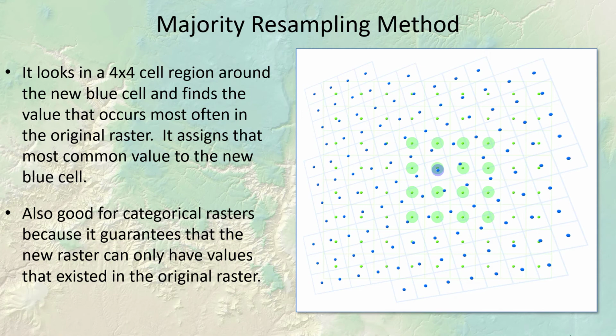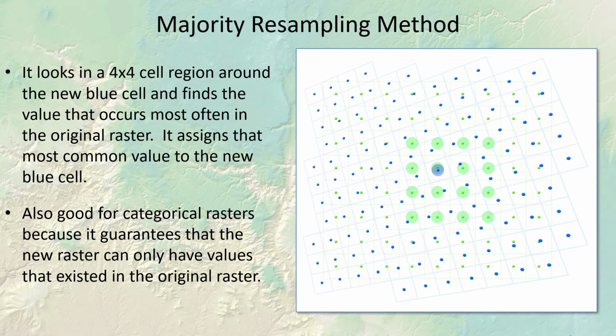All right, so we got 2 general strategies. One will produce a new raster in which every cell value existed in the original raster. This is good for categorical rasters. The other will produce a new raster where every cell is some sort of averaging method of a neighborhood of original cells. And this is good for continuous rasters.